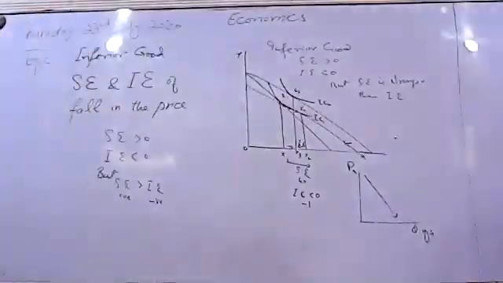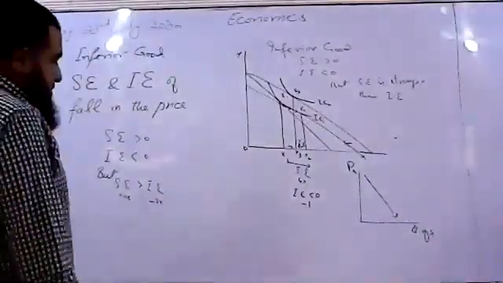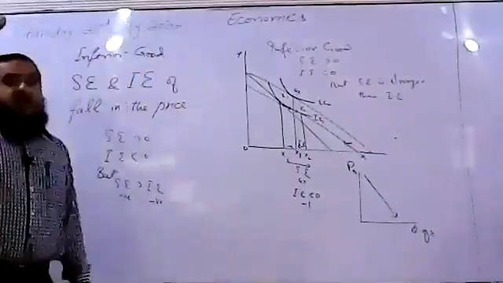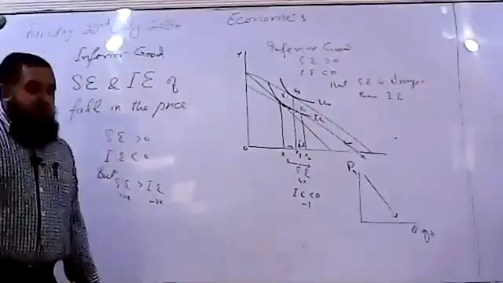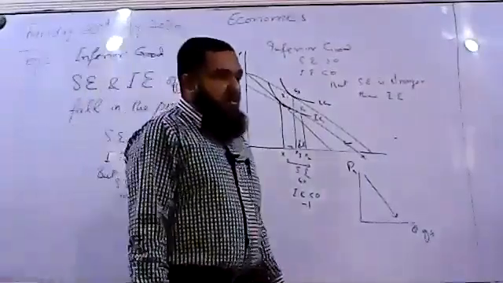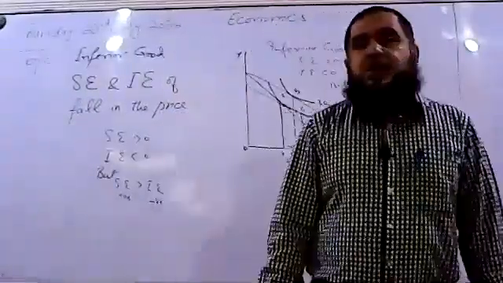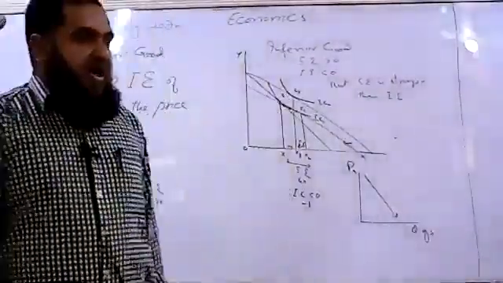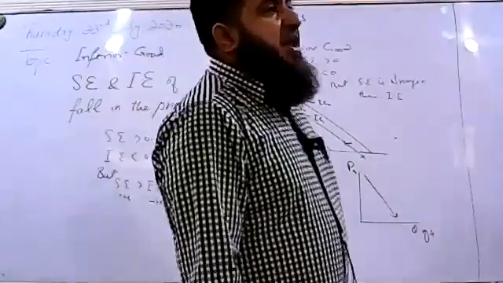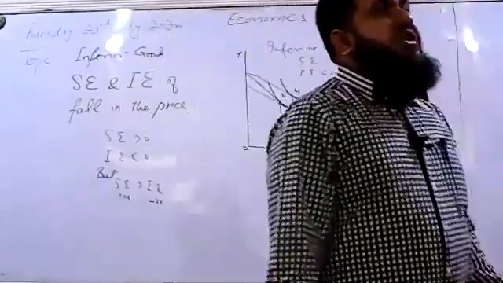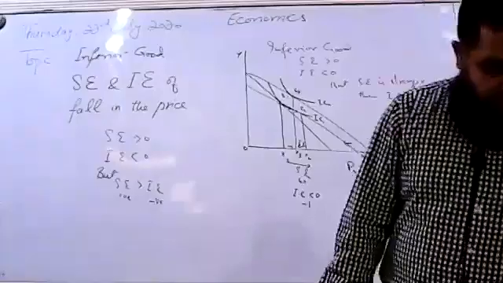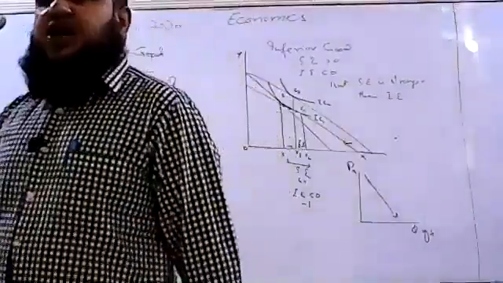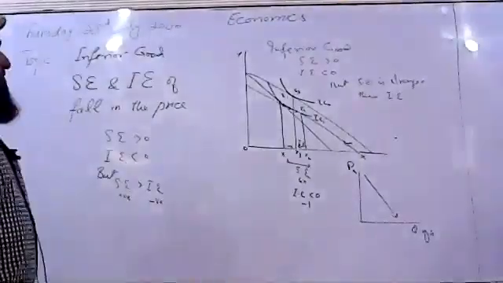So this is about our consumer behavior. We concluded our topic of consumer behavior. You might know this ordinal approach, where we used the indifference curve and budget line approach in order to analyze the consumer equilibrium point. So all these are showing us what? That the consumer will be in equilibrium when the marginal utility ratio is equal to the price ratio, and that could be found where the budget line is making a tangency condition with the highest attainable indifference curve.